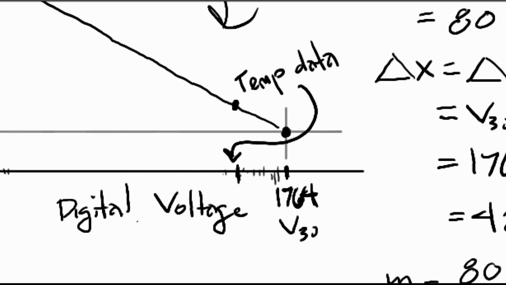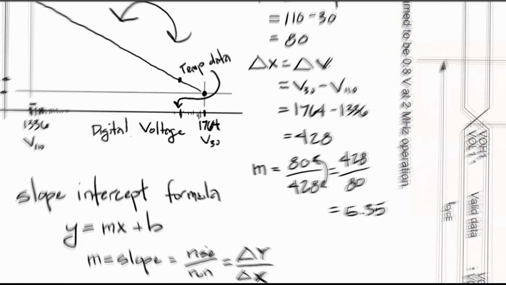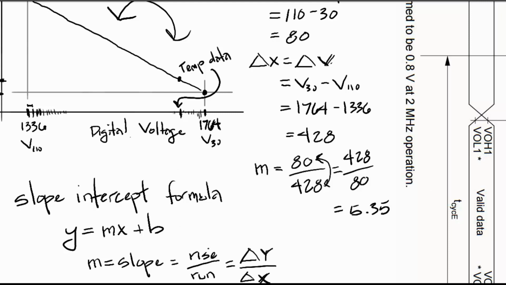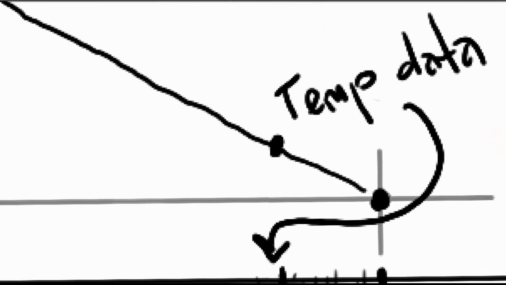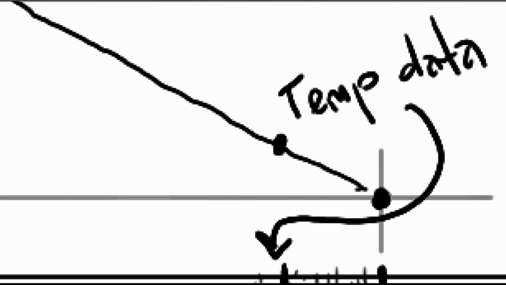Because we have the number of degrees, we can divide that by 5.35. Another way to think about this is we're going over 5.35 and we're going up 1 degree.